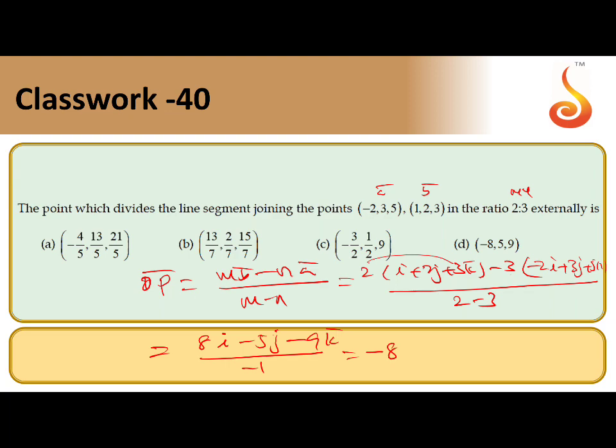So now multiply with minus: minus 8i plus 5j plus 9k. That means the point is (minus 8, 5, 9). Which option is minus 8, 5, 9? Option D is correct, because in the remaining options a denominator is there, so the first three are ruled out. Option D is the only chance. Clear? That is how to solve the external division question.